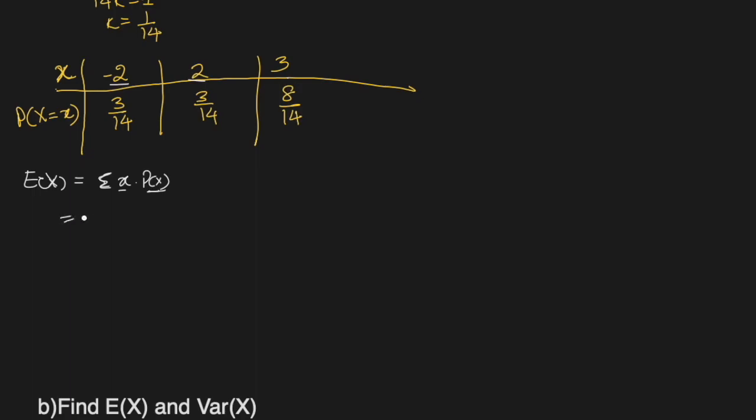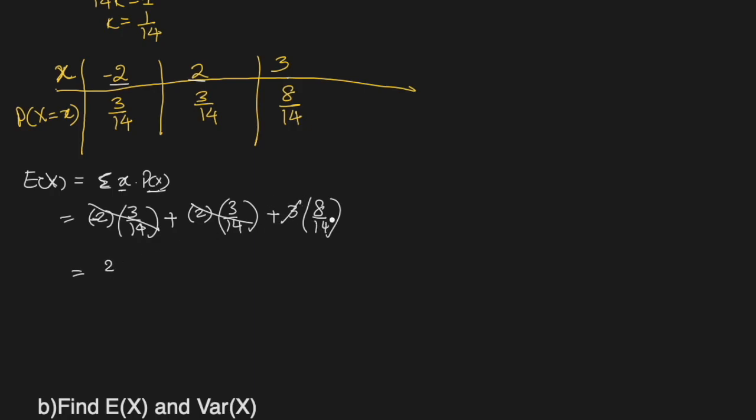Okay, so that's what I'm going to do now. -2 is x, its probability is 3 over 14, plus, because of sigma, 2 is x, its probability is also 3 over 14, plus 3 times 8 over 14. These two are exactly the same, with the negative here and positive here, they cancel out.